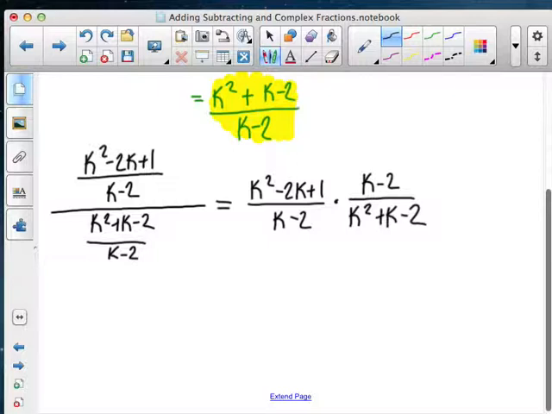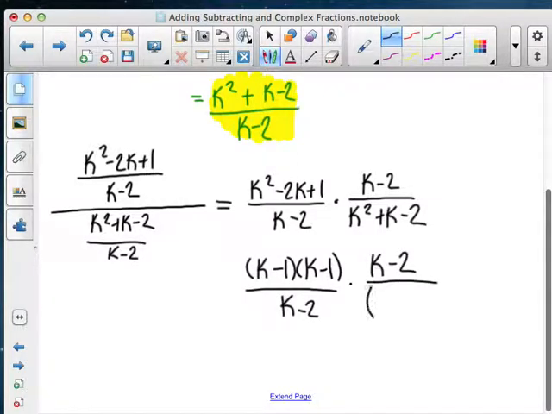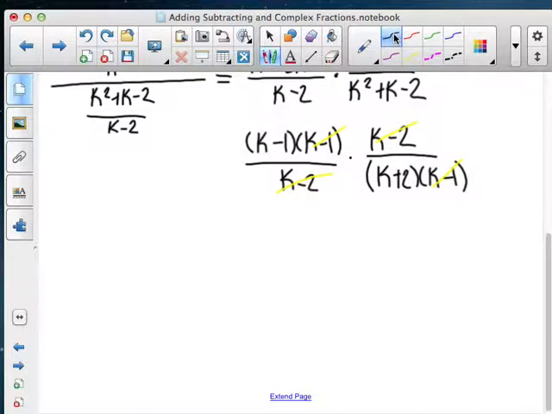So the numerator on the left side factors to be k minus 1 times k minus 1 over k minus 2. Numerator here stays k minus 2. And this becomes k plus 2 times k minus 1. Now the fun part. Bam, bam, bam, gone. And we're left with k minus 1 in the numerator and k plus 2 in the denominator.